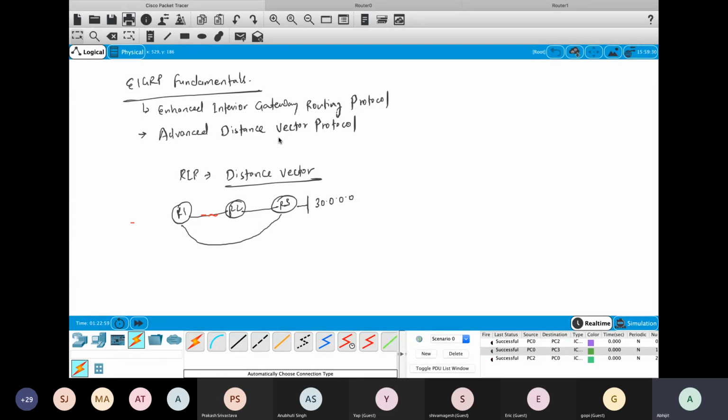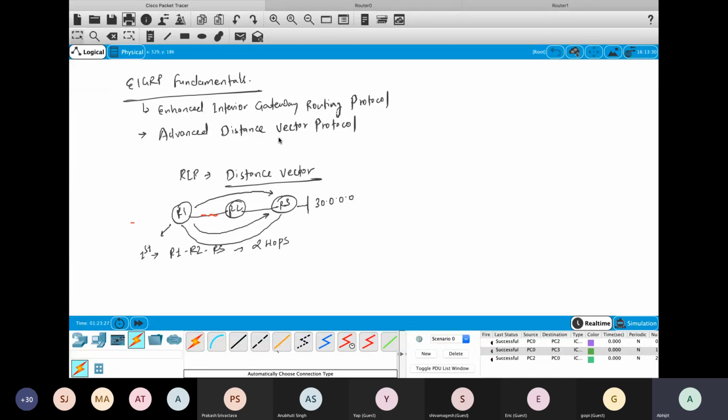If you have your R1 connected via two routes to R3, it can make this decision to forward the traffic from here, or it can forward the traffic from here as well. Router 1 will take the decision based on the number of hops away. If it takes the first route, from R1 to R2 to R3, it needs to cross two hops.